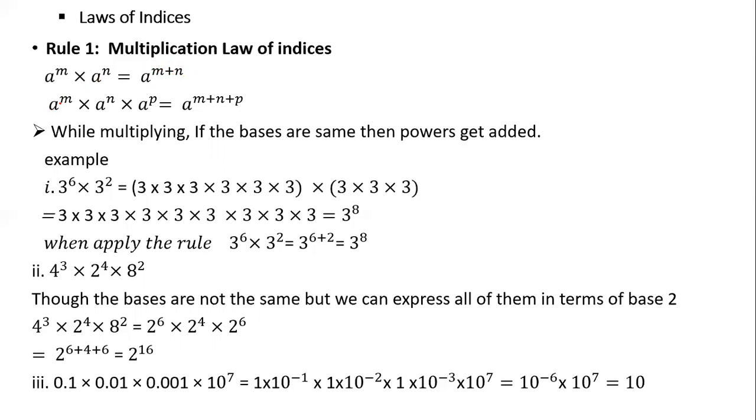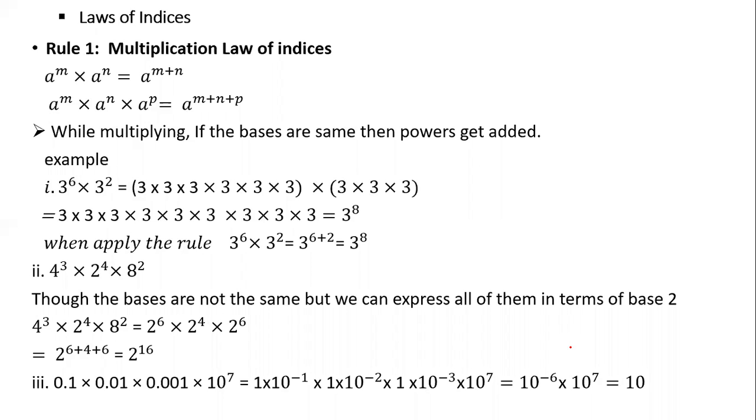So if you have a power m times a power n times a power p, all the three numbers here have the same base. So we can just take only one of the bases, and add the exponents.